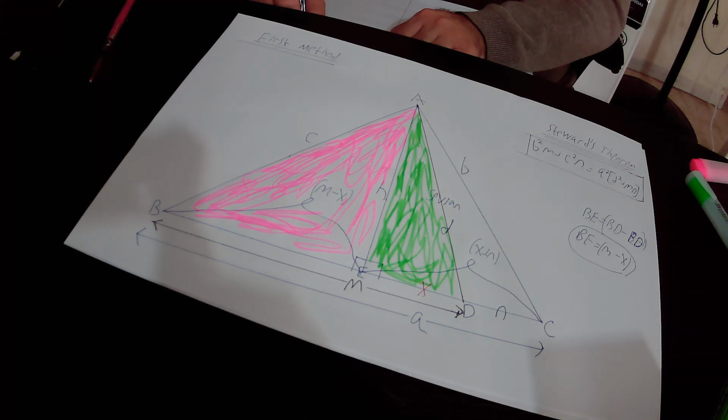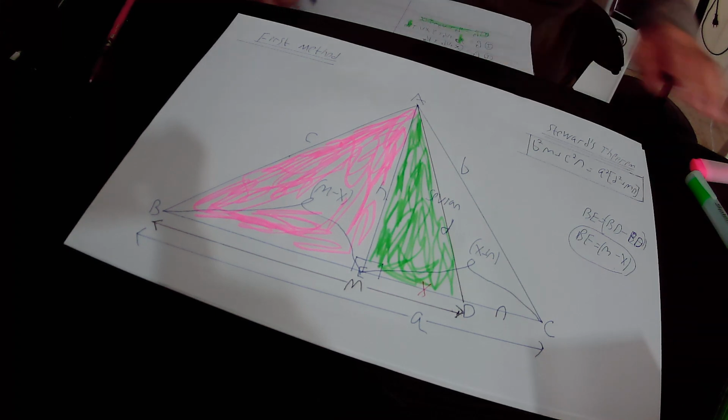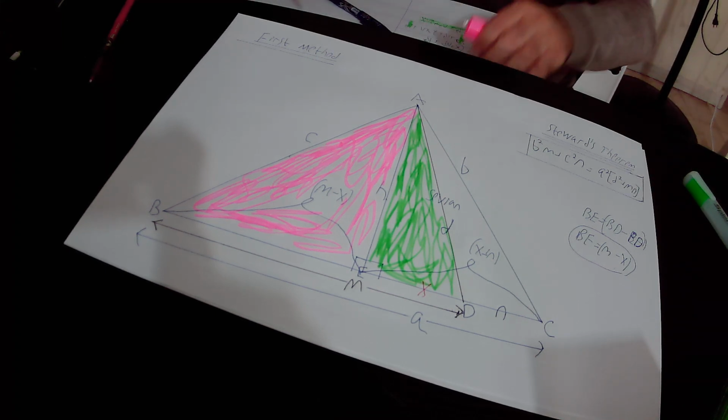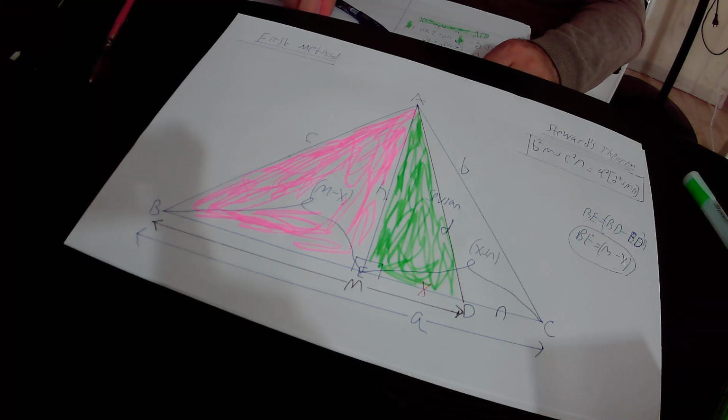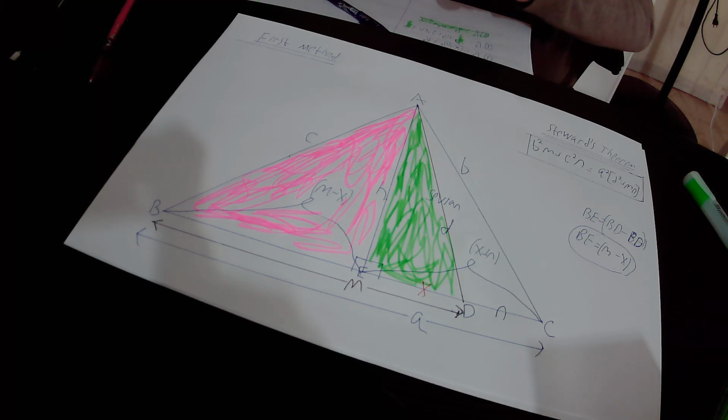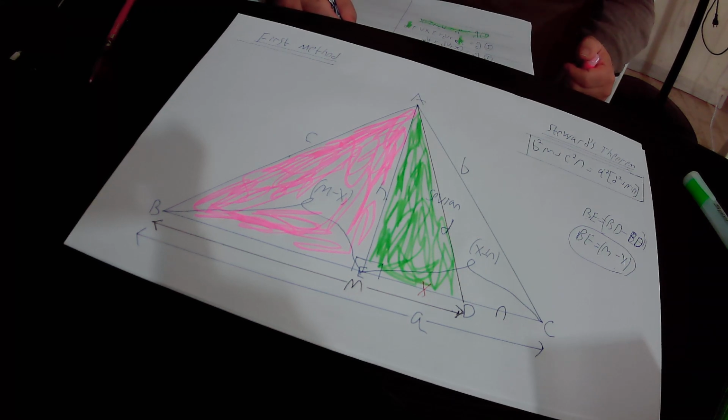In the right pink triangle AEB by PT, the square of the hypotenuse equals the sum of the squares of the perpendiculars.